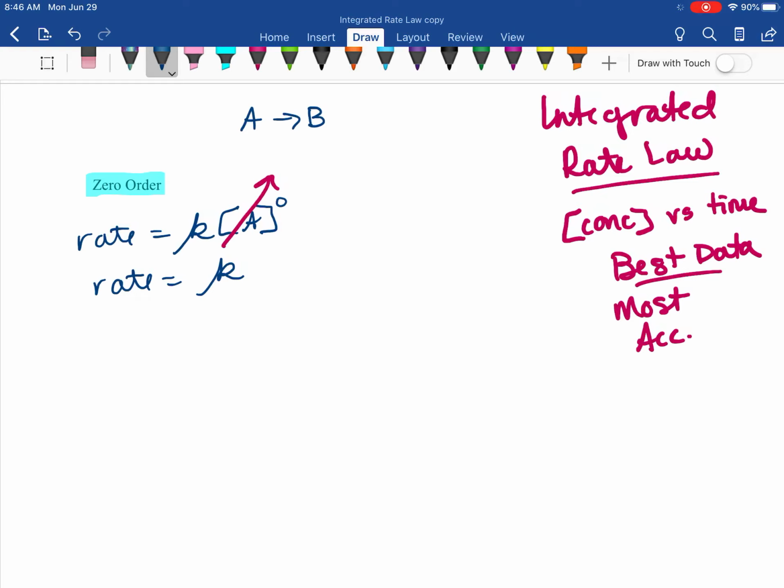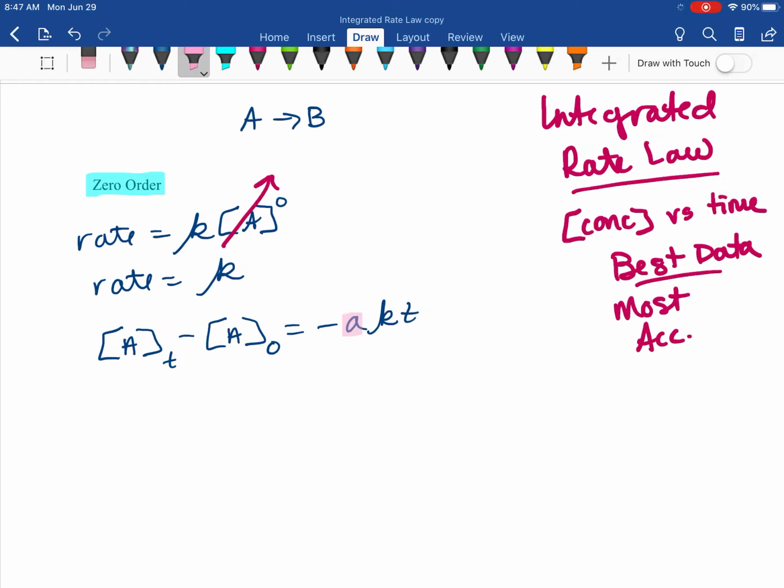Now, when we plug that into that integrated system from the last video and solve for an equation, what we're looking at is the concentration of A at any given time. We're going to compare it to the initial concentration of A. And we would end up like this, okay?